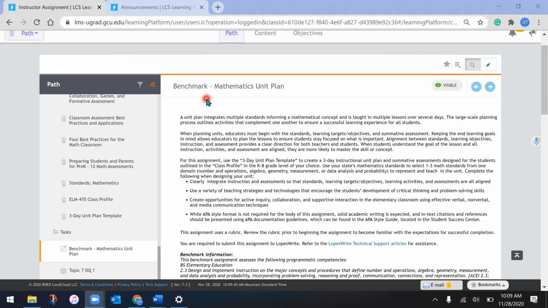All right, let's go ahead and look at the directions. So you're going to be doing all of the things you've been doing in a lesson plan where you begin with your standards, you write your learning targets and objective, and you think about your assessment, keeping those end learning goals in mind before you start planning the day to day, like what are you going to do to meet those goals?